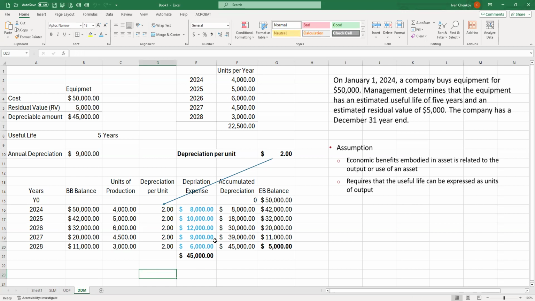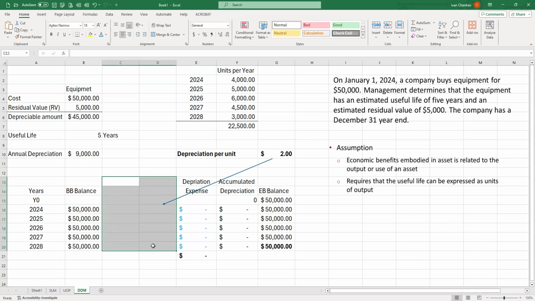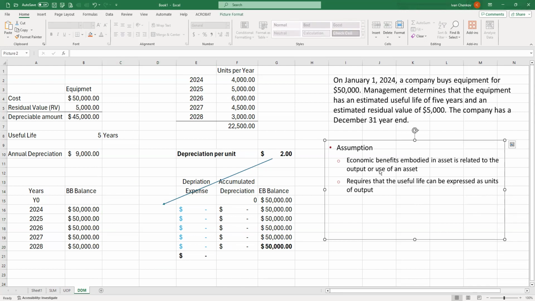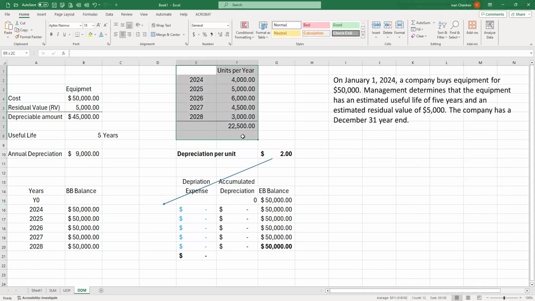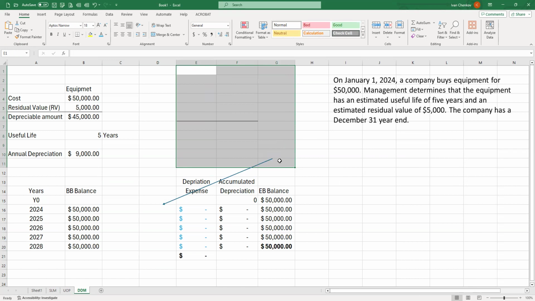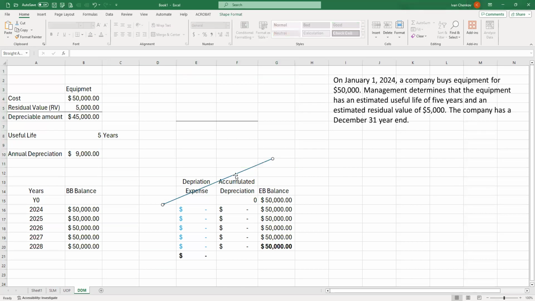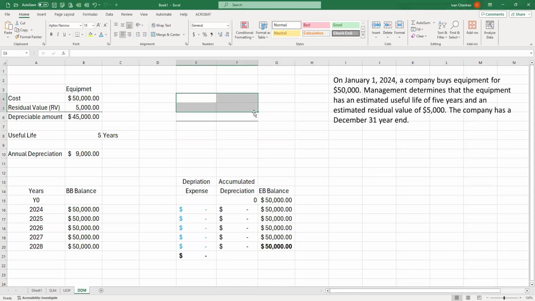So let's go with that method and see what's interesting with it. Obviously, again, we have to do some modification in our table. So let's get rid of this first, and let's get rid of this. And we don't need the units of production, so this information is not needed for our purposes. We're going to need different information now.